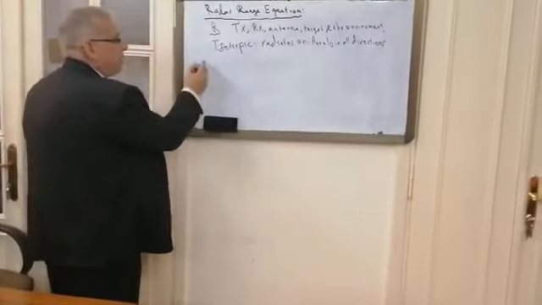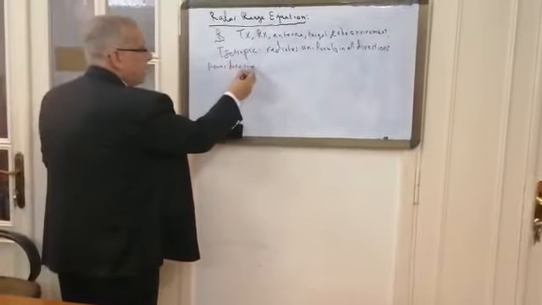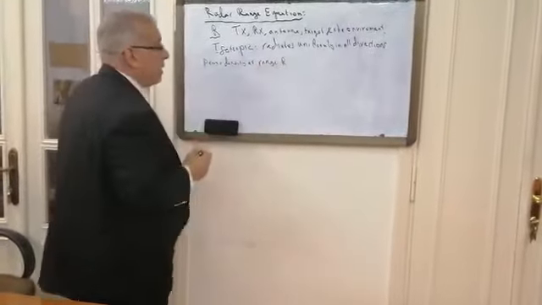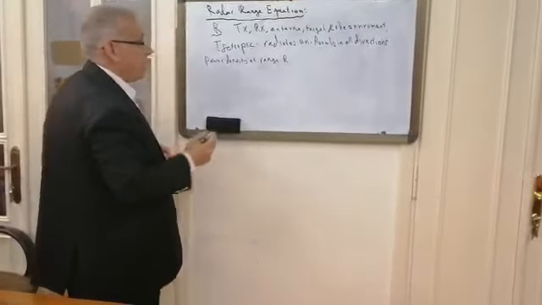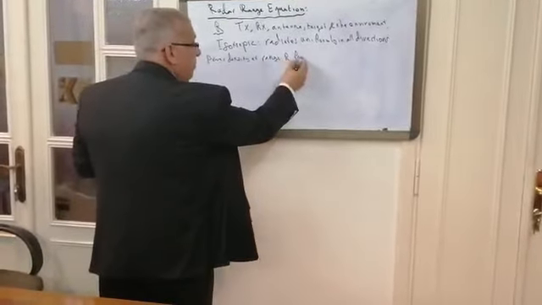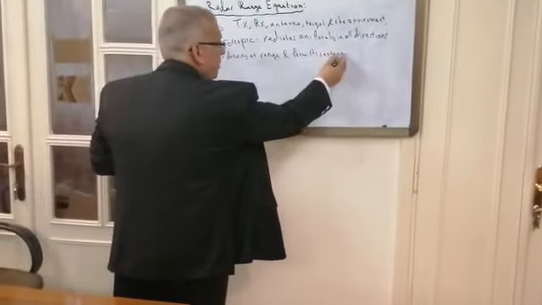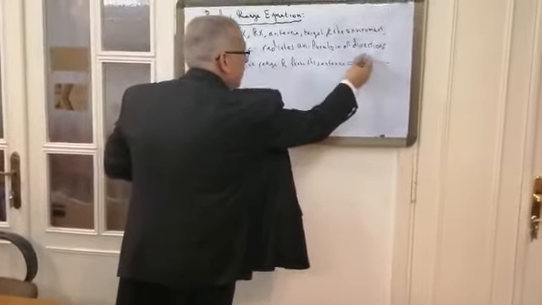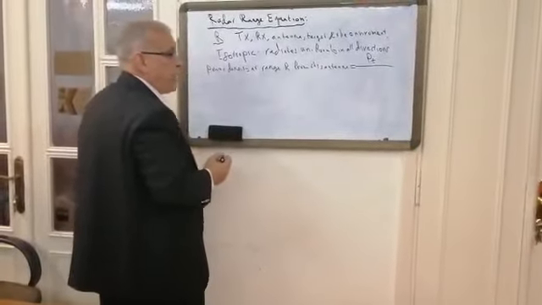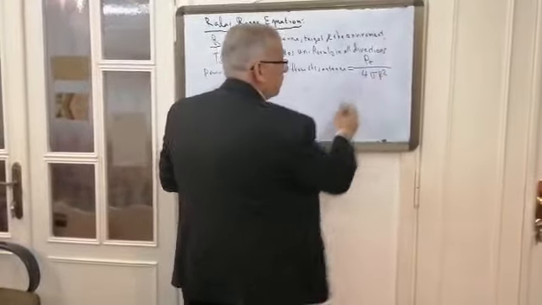Power density at range R from this antenna, which is an isotropic antenna, will be equal to transmitted power, which is the peak power, divided by the geometric area of the sphere, 4 pi R square.